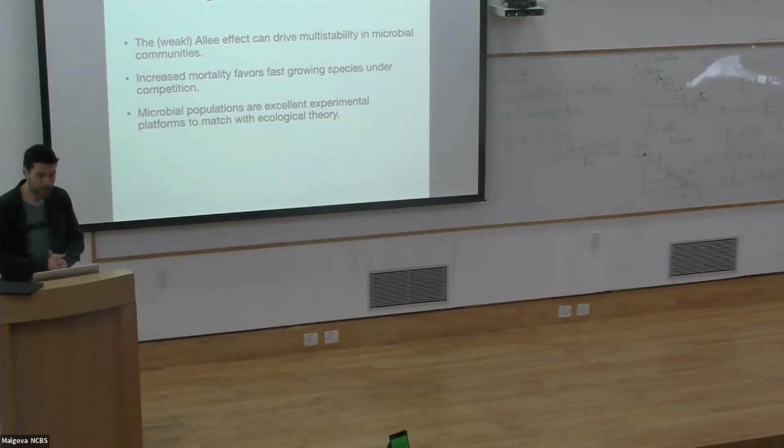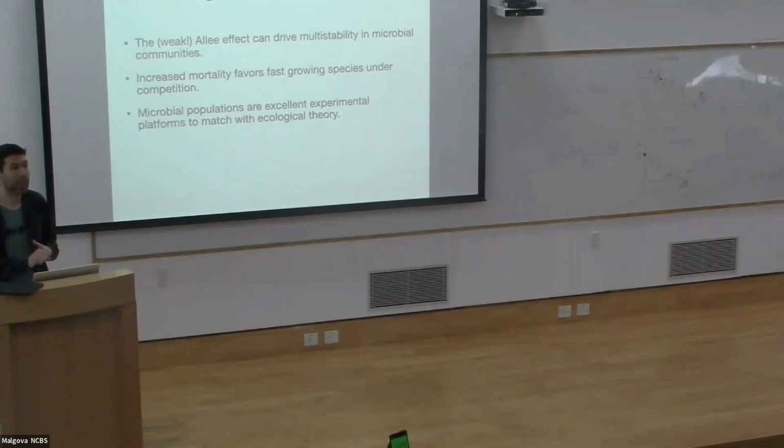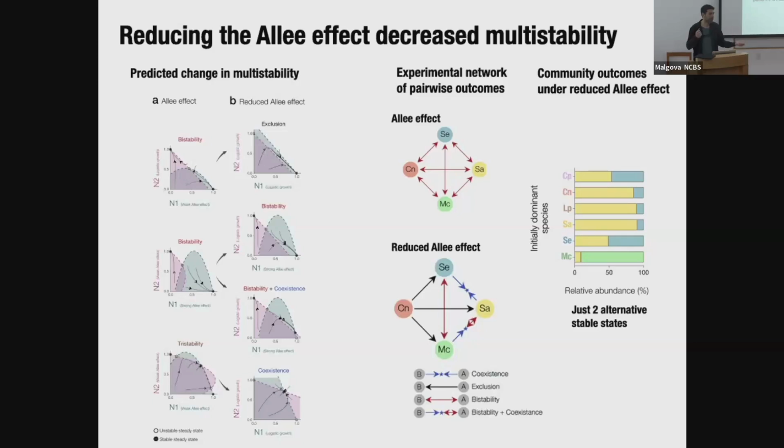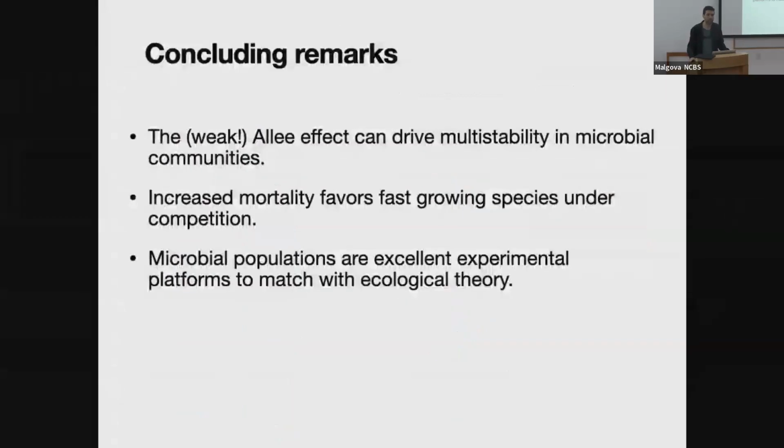Then we have seen as well that increased mortality favors fast-growing species under competition. And during these 3 lectures, we have seen how microbes that grow very rapidly, that we can control in the lab and expose to different conditions, are a good platform to match ecological theory with experimental tests.